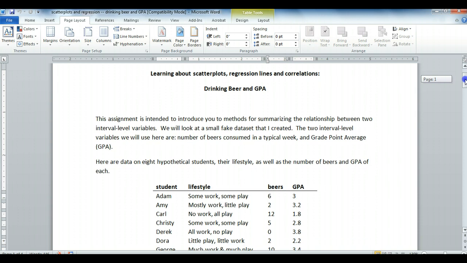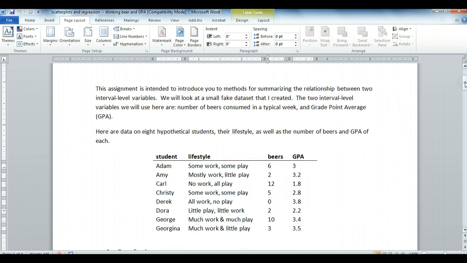Now, in most cases in this class, I've used actual real data because I think that's more interesting than some of the fake data sets you find in a lot of stat books. But in this case, I think it's useful to look at just a canned fake data set that I have right here, where I have a set of 4 students, and I'm listing out their lifestyle, the number of beers that they drink in a week, and their GPA.